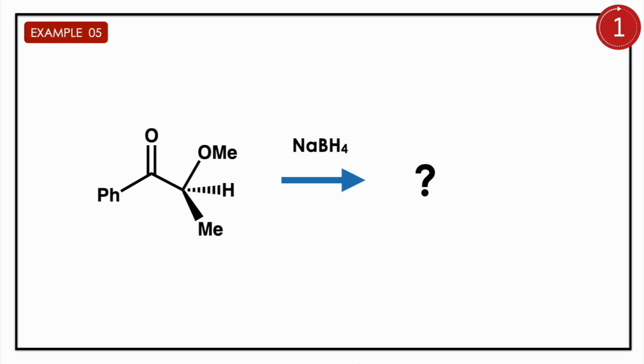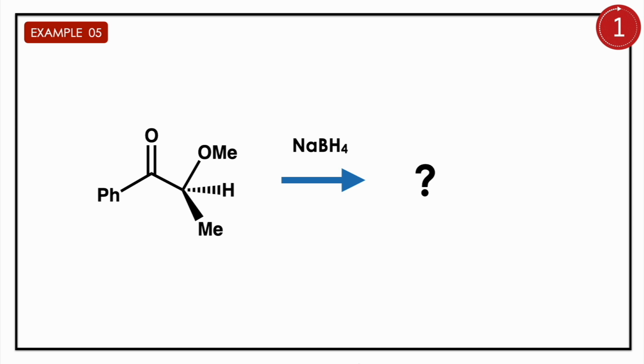Then the next example. Here you have a carbonyl. It is a ketone. One side you have phenyl. Another side you have an O-methyl group, hydrogen and methyl. It is a chiral carbon. Hydrogen below the plane, methyl above the plane, O-methyl on the line. You are using sodium borohydride.